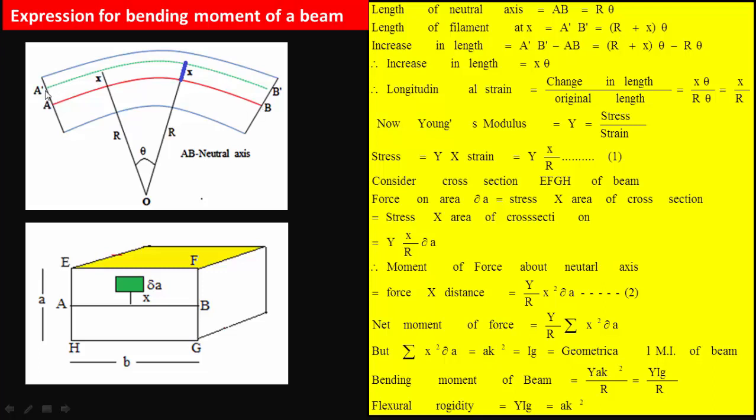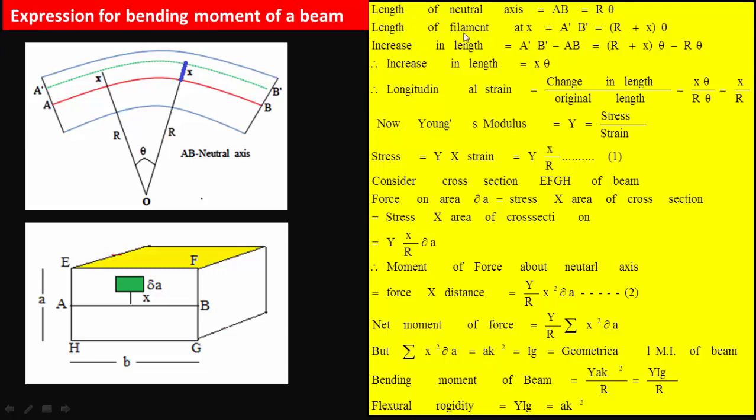But if you consider the filament A dash B dash, which is at a distance x from this neutral surface, then there will be an elongation. If you consider any other filament which is lying just below the neutral surface, then there is a contraction, that is, the length of the filament decreases.